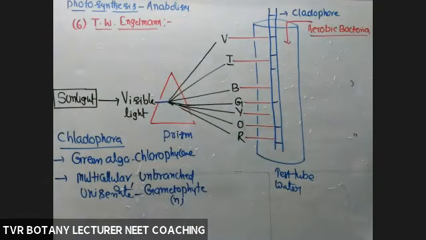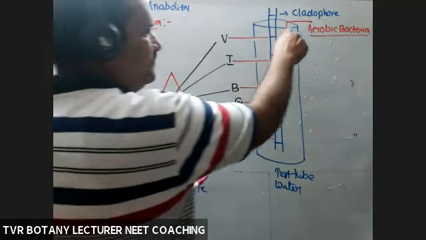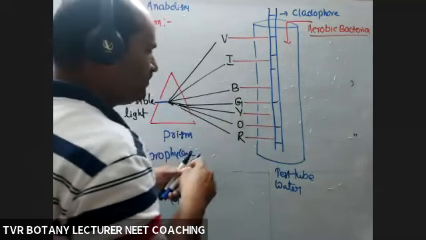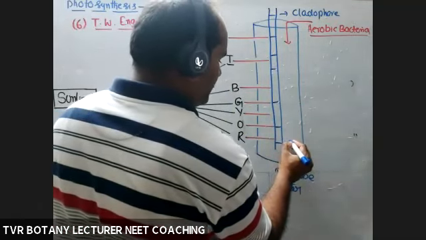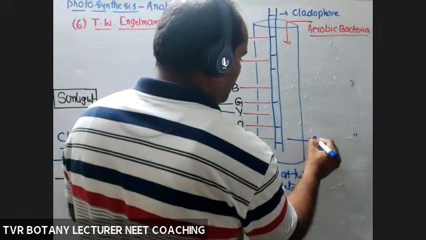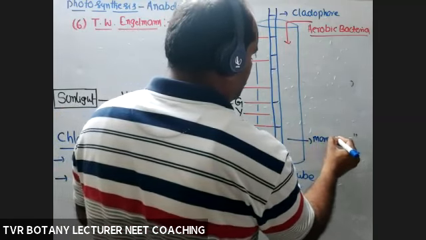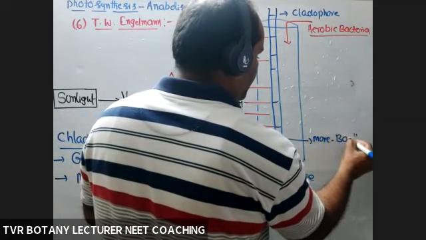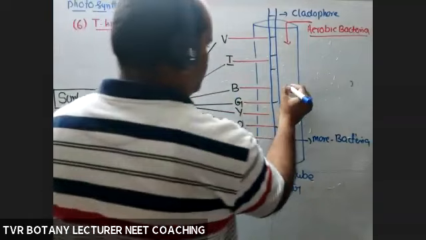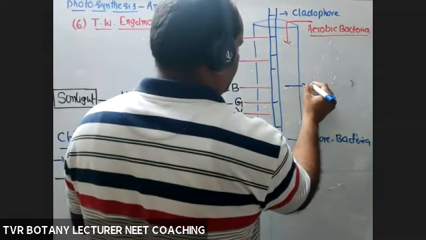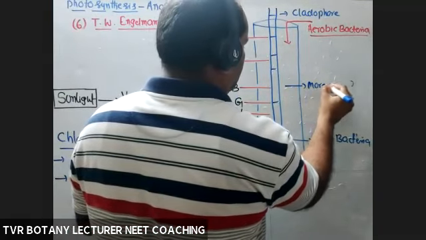And what he identified was accumulation of more bacteria in the red light. More bacteria accumulated here. Next, in the blue region, blue light, more bacteria.